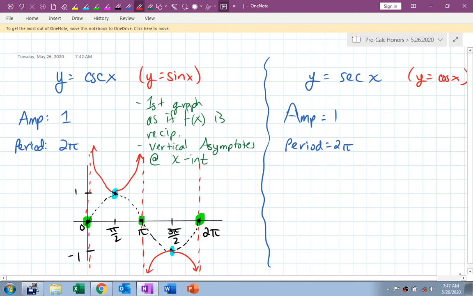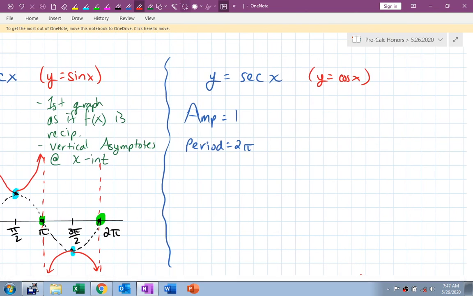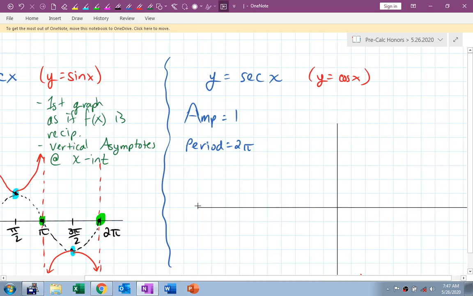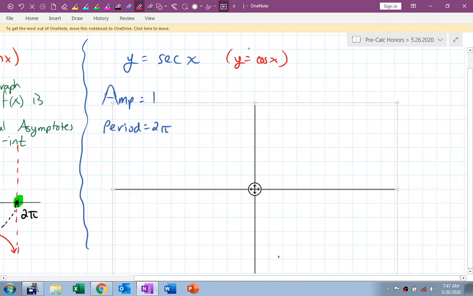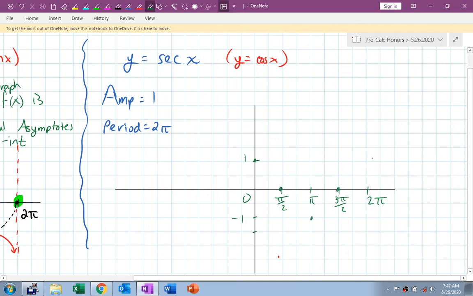So let's do our secant graph. You're going to do exactly the same step. We're going to graph the reciprocal first, which means we're going to graph cosine of x. I'm going to start at 0, 1, 2, 3, 4 tick marks, end at 2 pi, this is pi over 2, 3 pi over 2, 1, negative 1, make my dotted one.